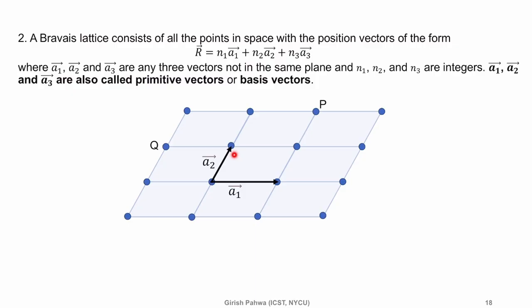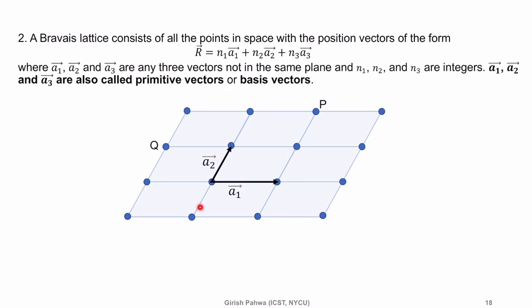Okay, and the coefficients will be integers. I can take an algebraic sum of the combination of a1 and a2, integral multiple of a1 and integral multiple of a2, and I can combine them, add or subtract them, and I will be able to create every point.